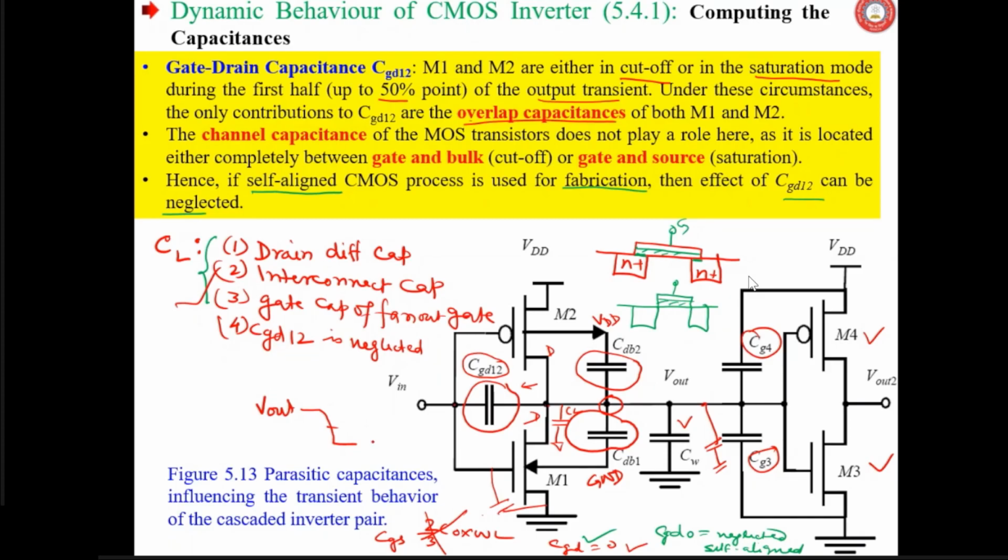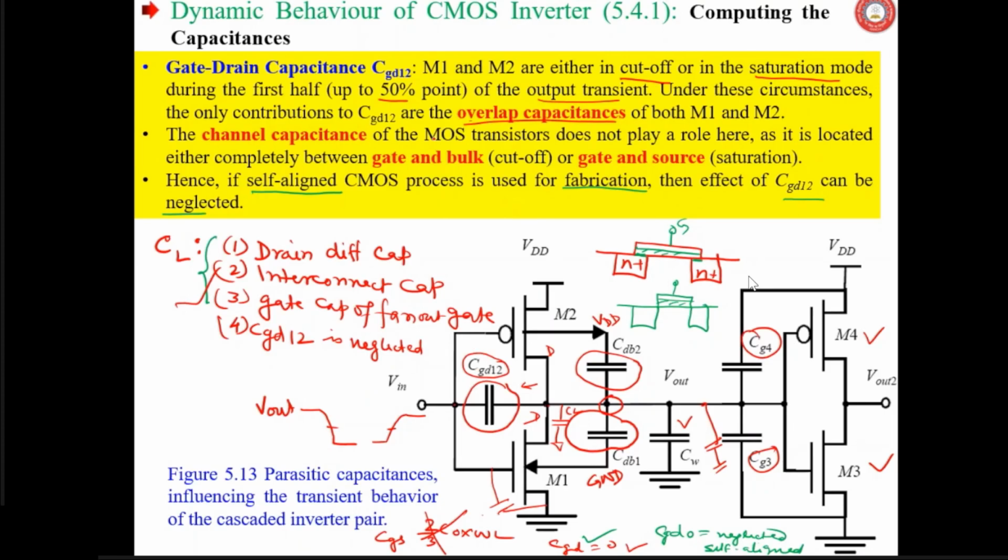Is it the switching threshold voltage? Up to the 50% point, up to VM. Yes, if it is designed that way, that VM is the middle of VDD, then VM.